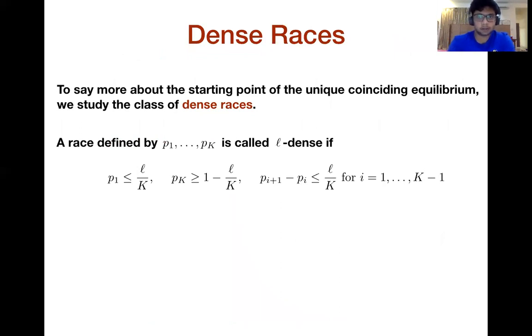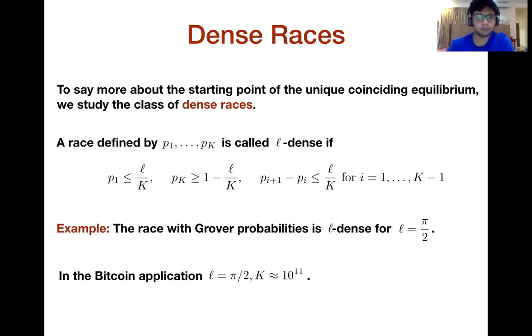Okay, so in order to give a better understanding of this starting point of these equilibria, we introduce this parameter called the density, and intuitively it tells us how smooth the P function is. So we say that a race is L dense if the difference between Pi plus 1 and Pi is at most L over K for all i.